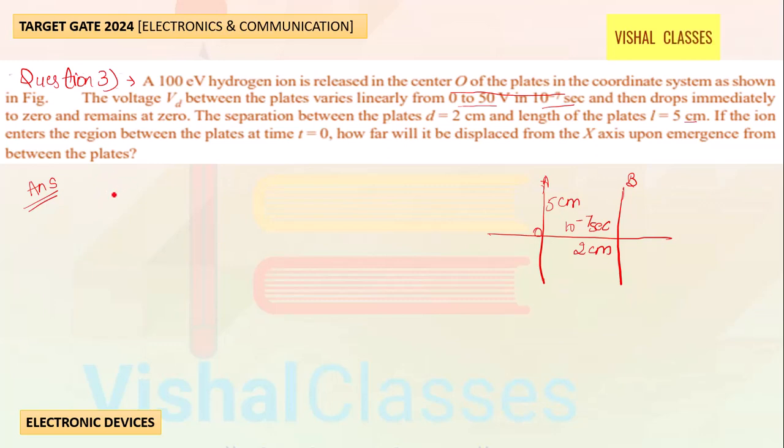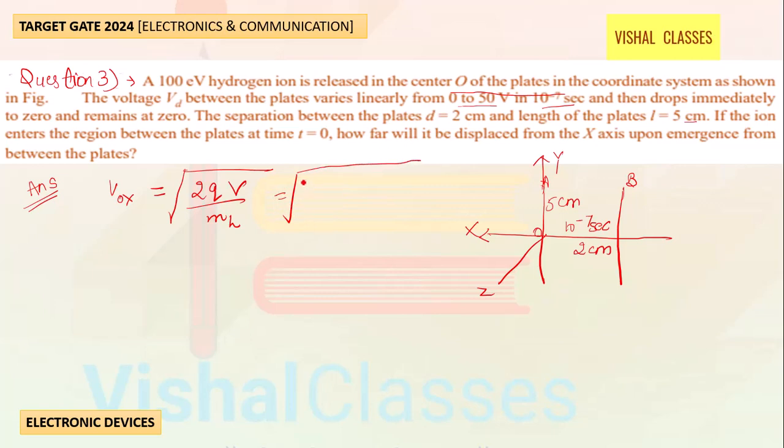See, here I am calculating the velocity of the hydrogen ion along the x-axis, as I have written earlier. Velocity formula is root of 2qV upon m, 2q into potential upon mass of hydrogen ion.